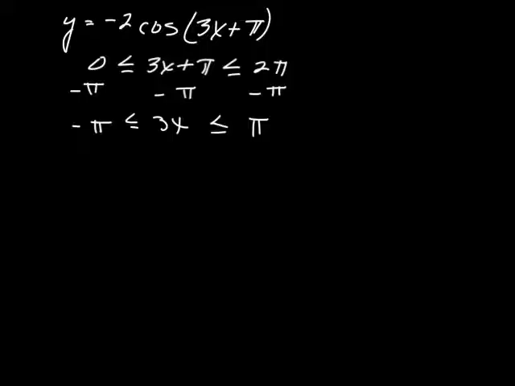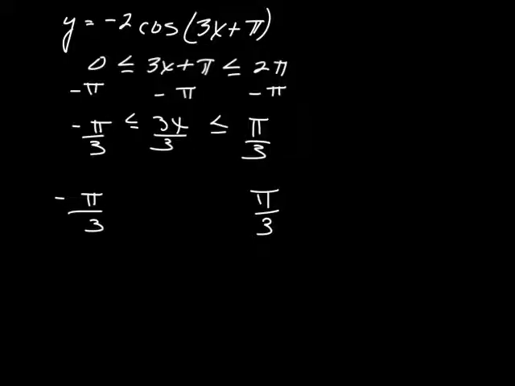So now I need to get rid of this 3. So my interval starts at negative pi over 3 and ends at positive pi over 3. Alright, so that ends up being where my graph is going to end up being.